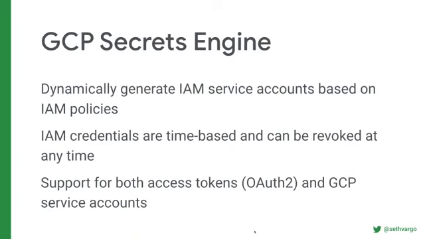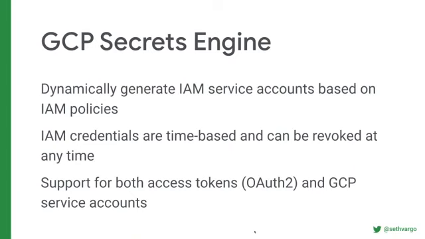So similar to how Jeff demoed earlier with the Postgres backend, when you generate a database user with Vault's database backend, those credentials have an expiration, 30 minutes, 30 days, 12 hours, whatever it might be. And with the GCP secrets engine, we can generate service accounts that expire after a period of time.